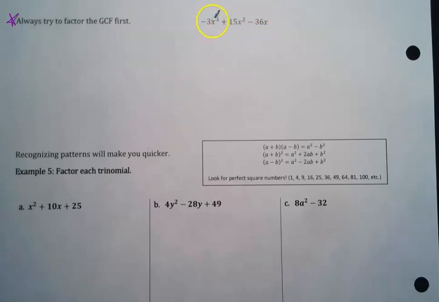So in this case, negative 3x cubed plus 15x squared minus 36x, they all have an x in them, and they're all multiples of 3. So you're much better off to go ahead and factor that 3x out now versus doing all the work with it later.